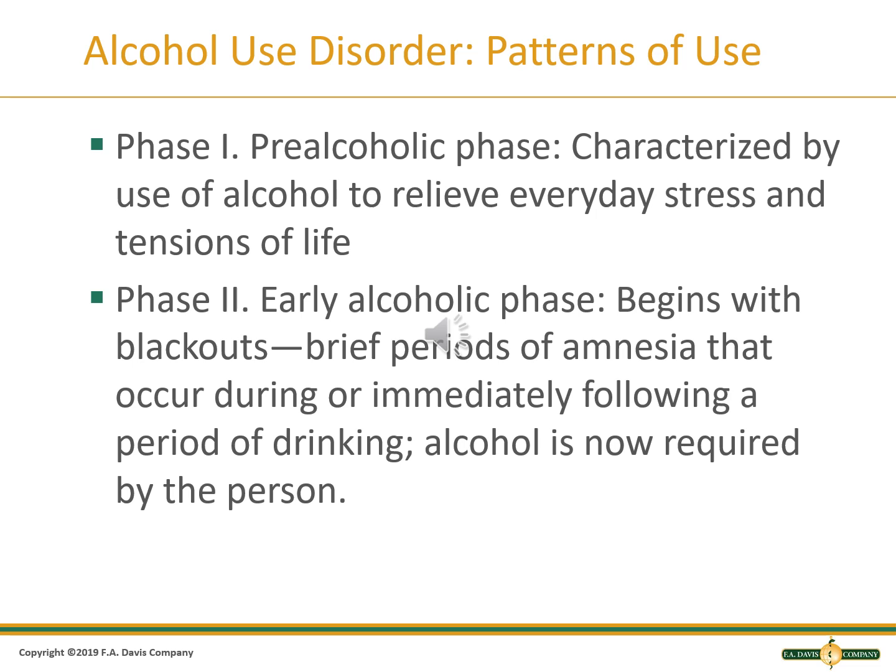Then you have phase 2, the early alcoholic phase. In this phase, the patient starts to have blackouts. Alcohol is no longer a source of pleasure, but rather a drug that is required. They are secretly drinking, sneaking to drink, preoccupied with maintaining their alcohol supply, and rapidly gulping down the drink.